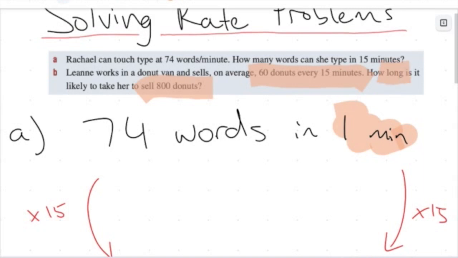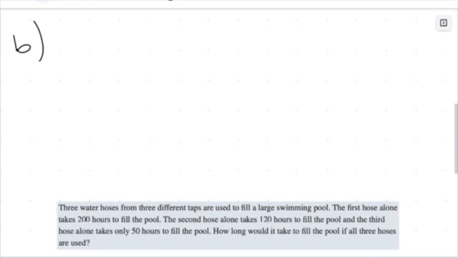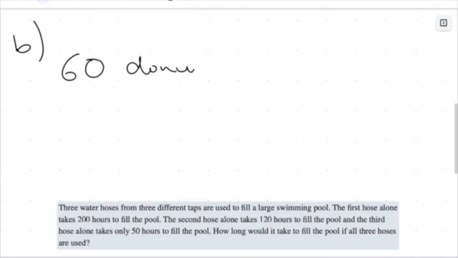So let's just write the bits of information from the question as a rate. So we have part B, we have 60 donuts in 15 minutes.